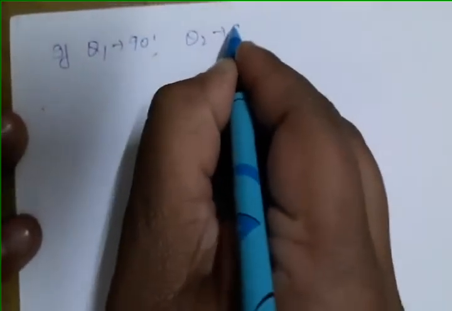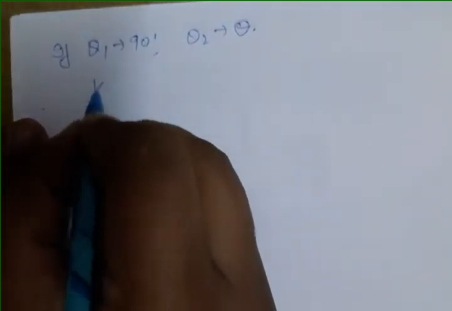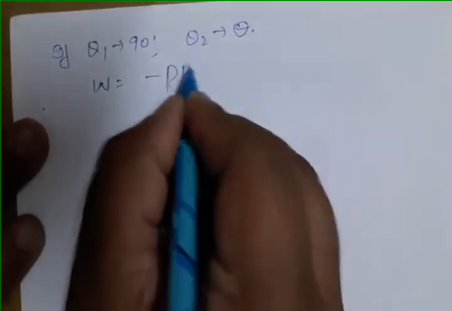Now suppose in the starting the torque is maximum, so this is a special case. If in the starting theta 1 is 90 and theta 2 is theta, it is aligned at some angle. In that case the work done will be equal to minus pE cos theta.